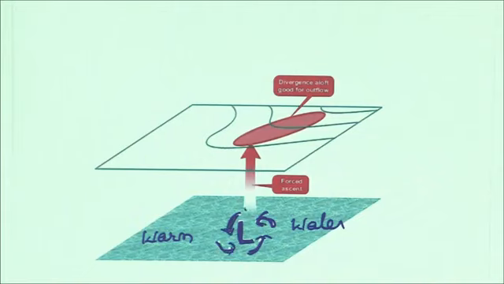Low pressure relates to rising air convection. So, convergence counterclockwise on the ground, rising air convection will result in divergence clockwise in the upper air. Outflow. And that will be clockwise.